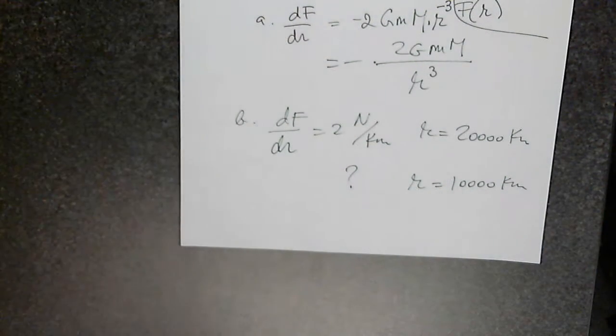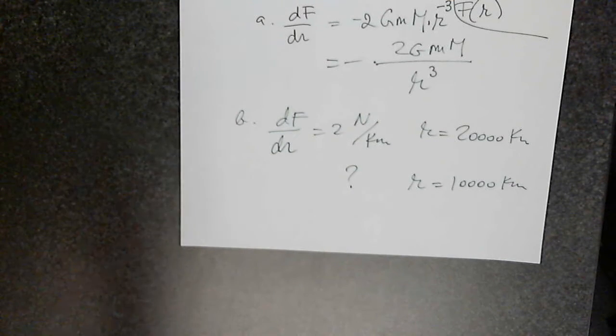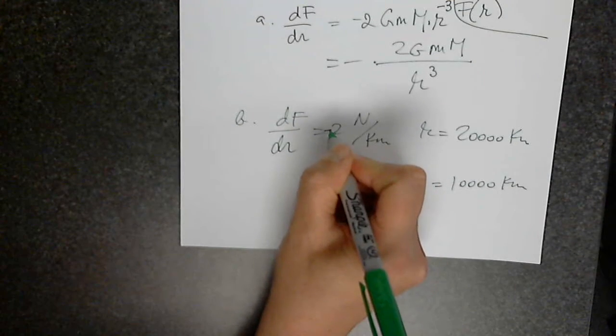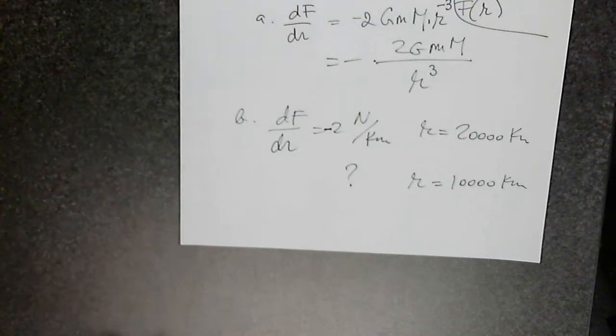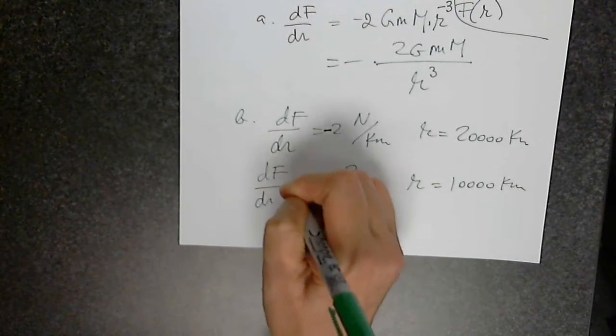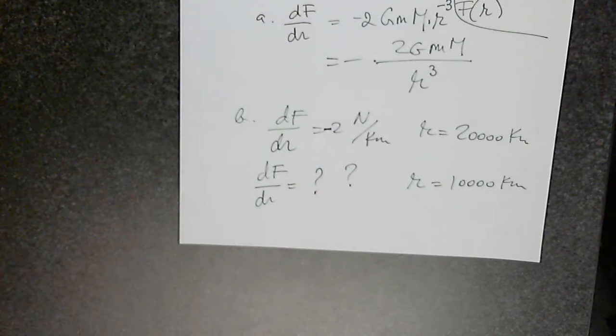Let's read the question one more time. Suppose it is known that the Earth attracts an object with a force that decreases at the rate of this. By decreasing, we mean this. When r is 20,000, now we're asked to find this when r is 10,000 kilometers.